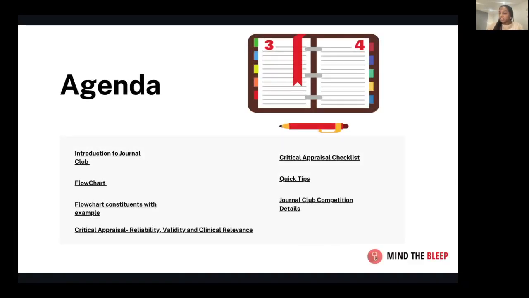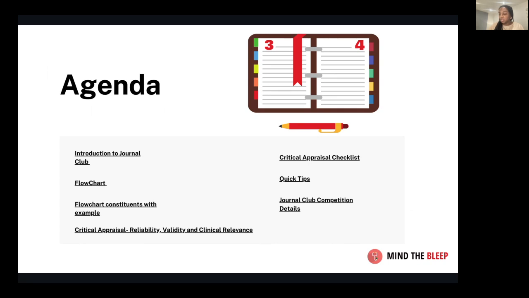So in the agenda for today, I'm going to start with a quick introduction covering the benefits of active and passive participation. Next I'll move on to the flowchart, which will cover the constituents of every journal club presentation. Then I'll go through each individual constituent and provide an example to help solidify the concept. The last section of any journal club presentation is the critical appraisal.